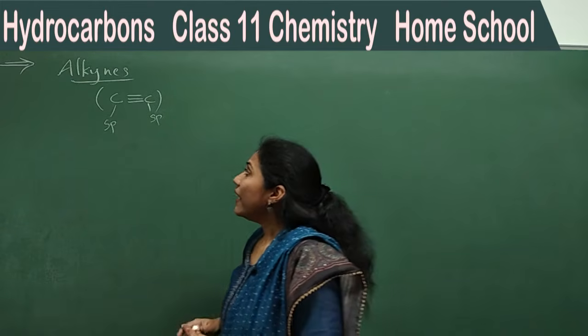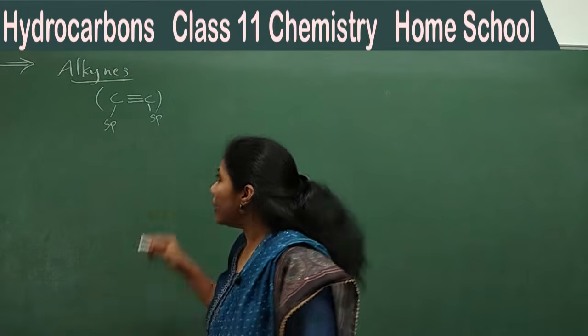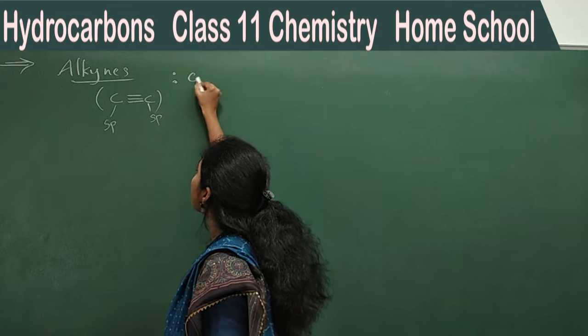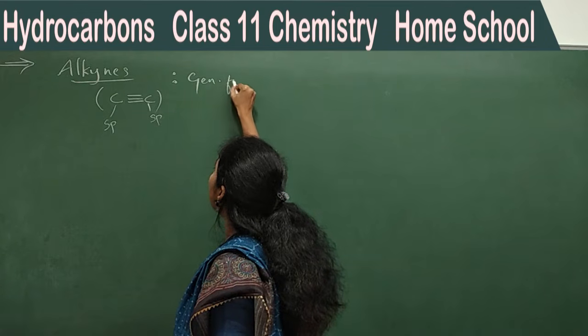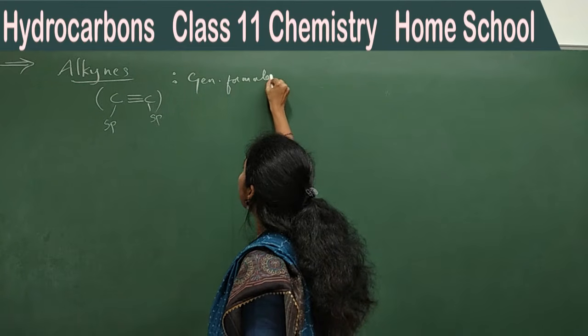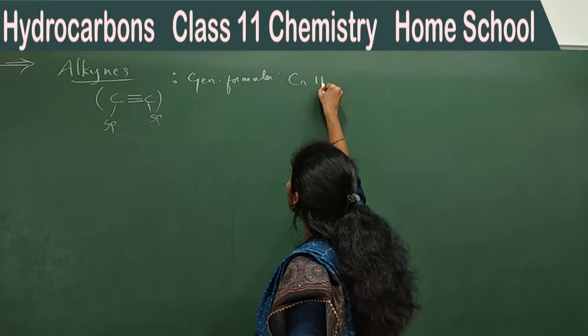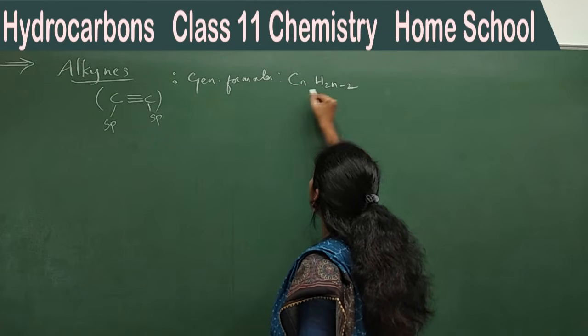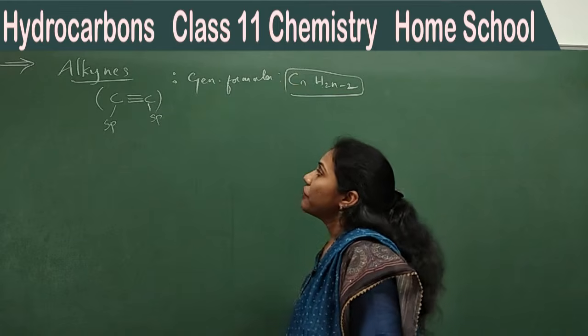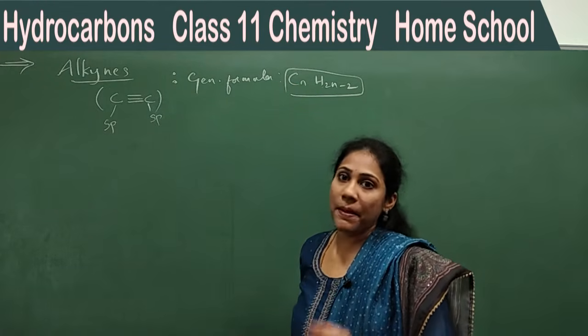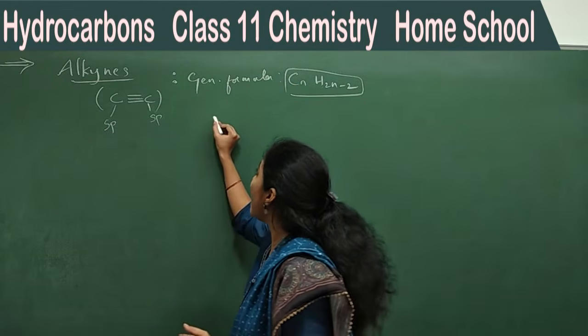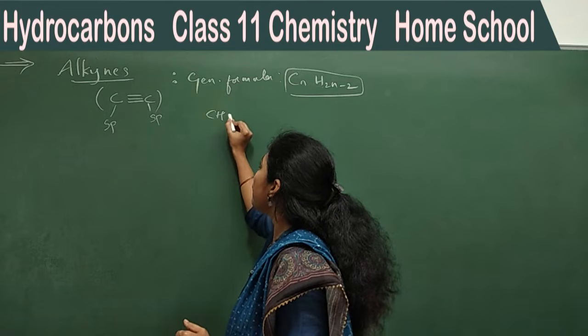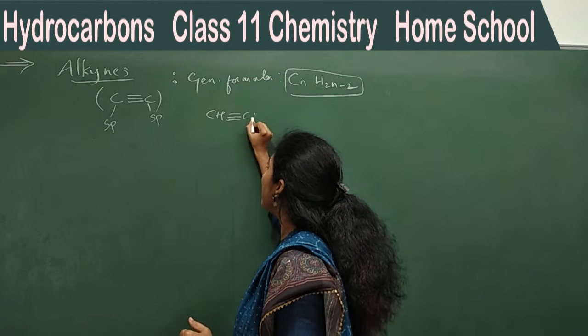Clear? Fine. And coming to general formula of alkynes, the general formula of alkynes is CnH2n minus 2, right? The very first member of alkyne is acetylene. So we write a formula CH triple bond CH.